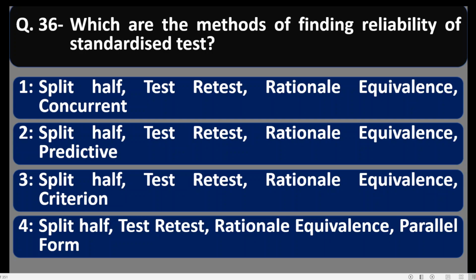In option 1, the last one is concurrent. In option 2, the last one is predictive, and in number 3, the last one is criterion. These 3 are the methods of deciding validity. So options 1, 2, and 3 are incorrect. Option 4 is correct. The methods of finding reliability are split half, test retest, rational equivalence, and parallel form.